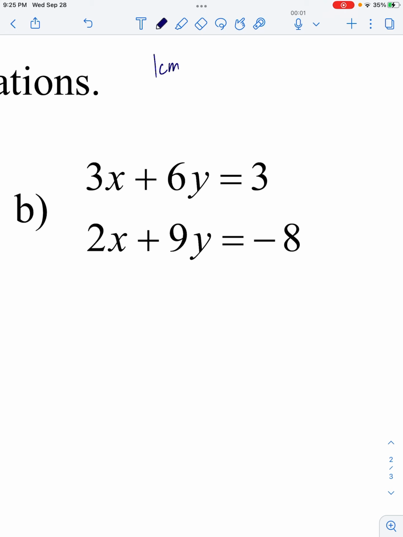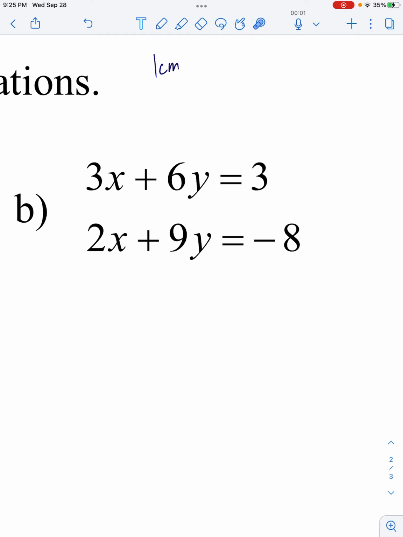Well, 6 and negative 6: their least common multiple is 6. So 6 plus negative 6 is going to be 0. I can cancel out my x and be left with one equation with just y to solve for.